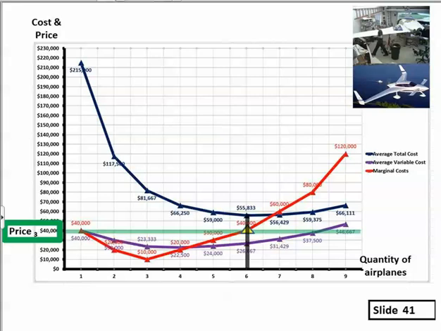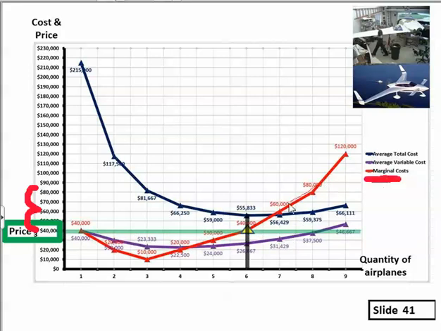Okay. What happens if the price falls a little lower? Now, down in this area, we've dropped from 80 to 60, and then from 60 to 40. Okay. Well, once again, in order to figure out how much we would produce, we see where the price equals our marginal cost.